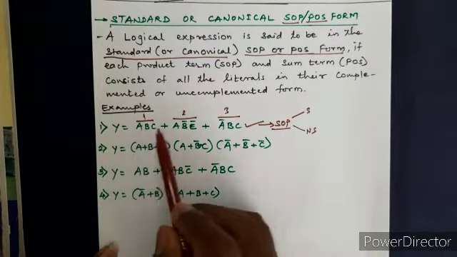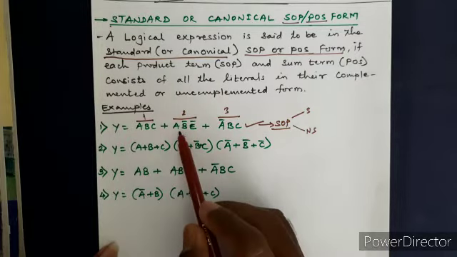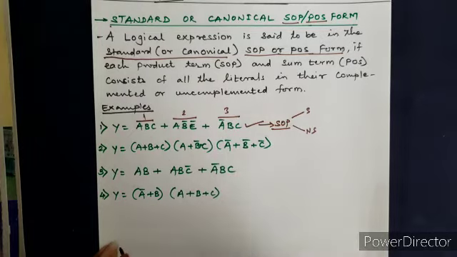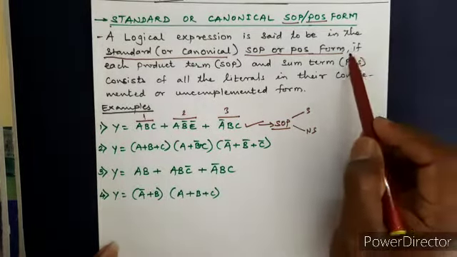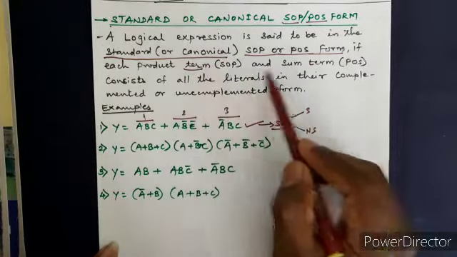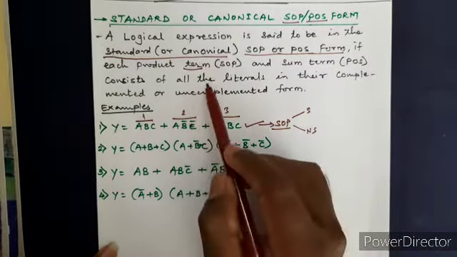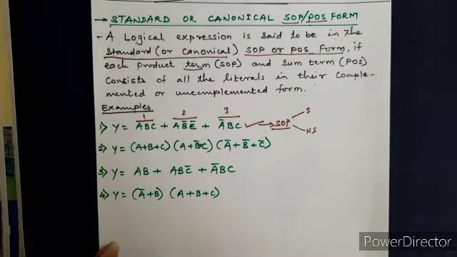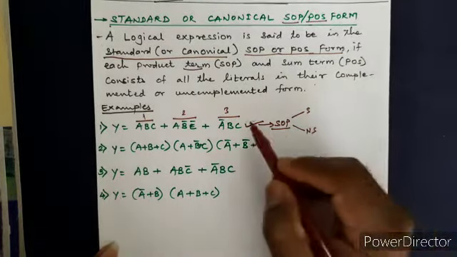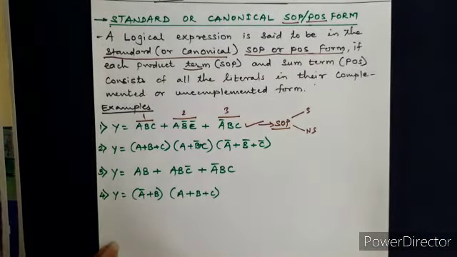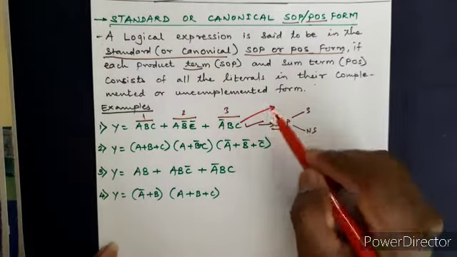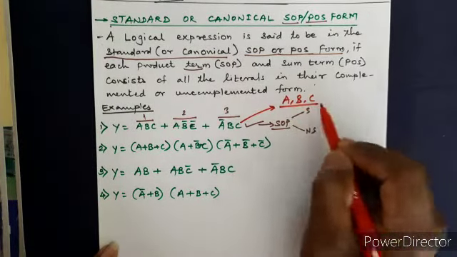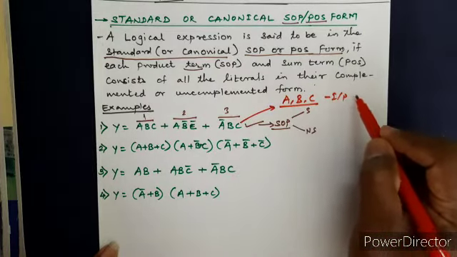This equation has three terms: ABC is one term, A B bar C bar is another term, and A bar BC is another term. So if each term consists of all the literals in their complemented or uncomplemented form. Now if you see this equation, we have A, B and C as input or literals.